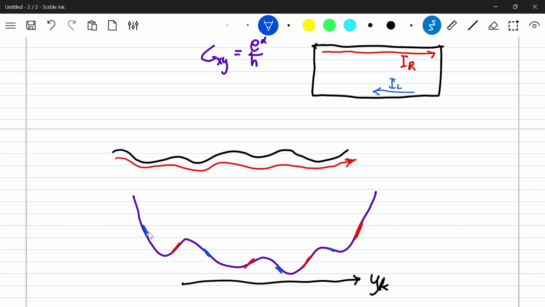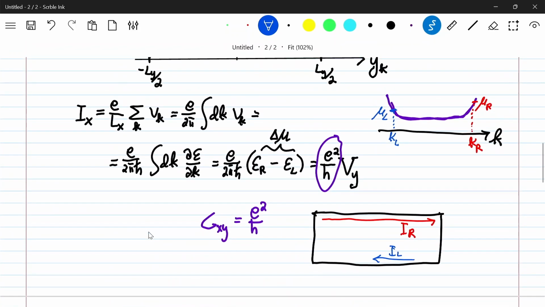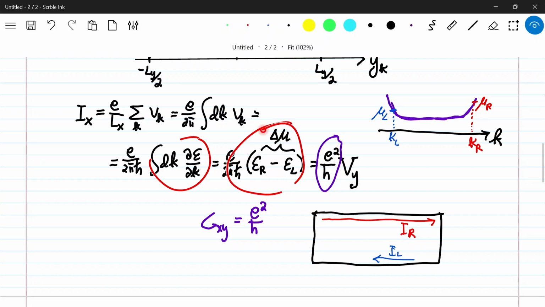There's some very complicated function of epsilon as a function of k, but going back to our integral, it doesn't change the result, right? Because the result depends only on the chemical potential difference, that's it.